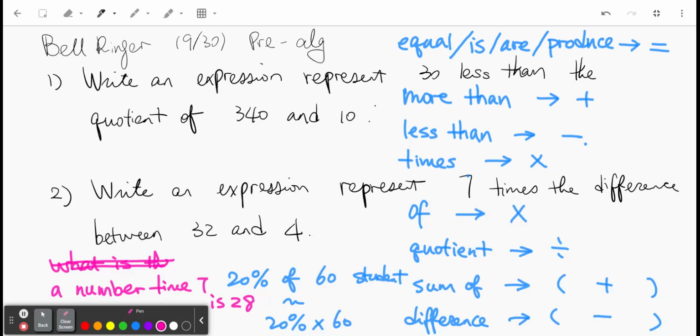When we learn variables in the future, we know a number is x. Times 7 means multiply by 7, is means the equal sign, equal to 28. I'm just giving you a preview of what we're going to learn soon. But just write the list down. So when you see an expression, or write an expression question, you know roughly what translates to what.